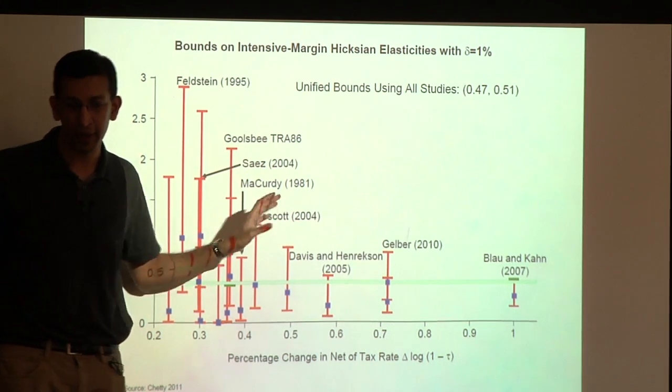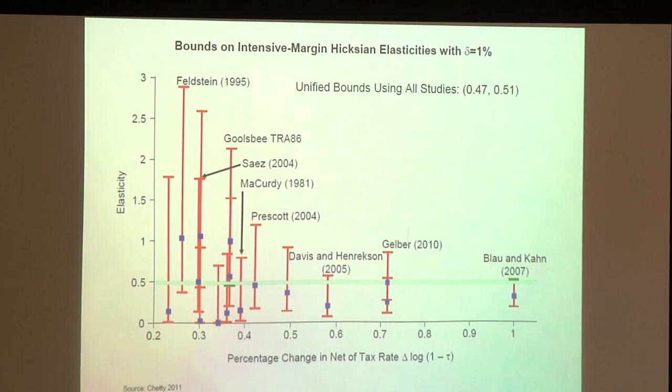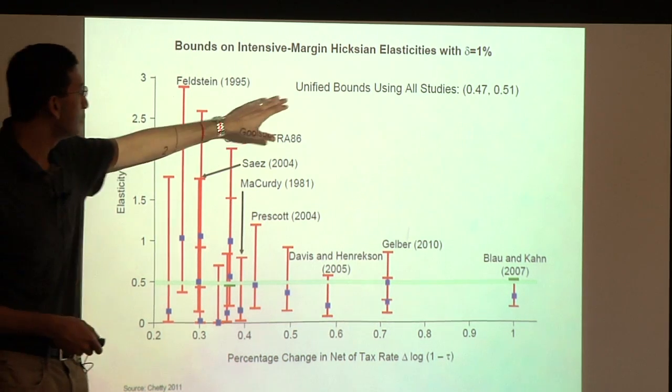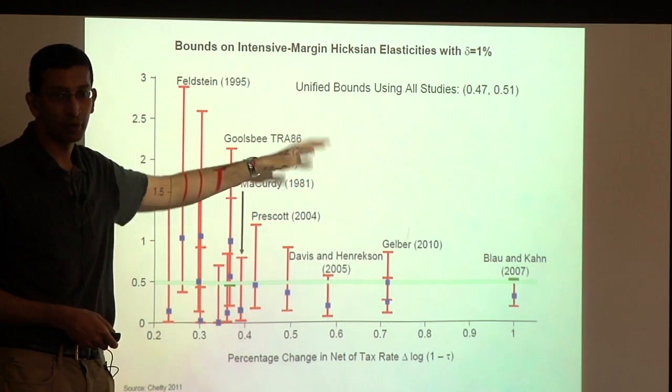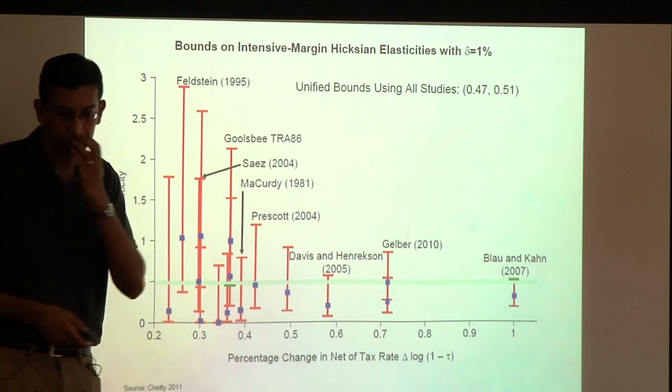Once you're combining all these inequalities, I don't want to get into that here, but that's like the kind of thing that Viktor Chernozhukov has been working on recently. But in any case, ignoring that problem for the moment, if you take the intersection of all these sets, you get unified bounds going from 0.47 to 0.51.